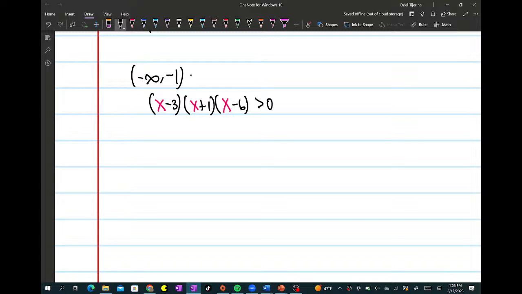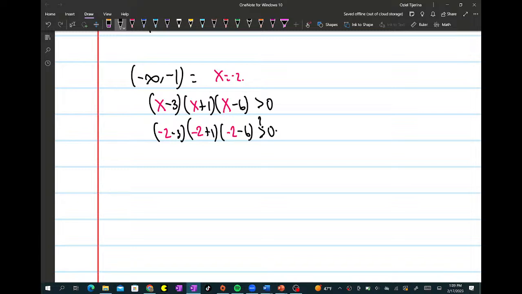We're going to pick a number between negative infinity and -1. I always like to pick a number 1 unit away from the boundary, so I can do -2. So I pick x equals -2. I have negative 2 minus 3 times negative 2 plus 1 times negative 2 minus 6 greater than 0.